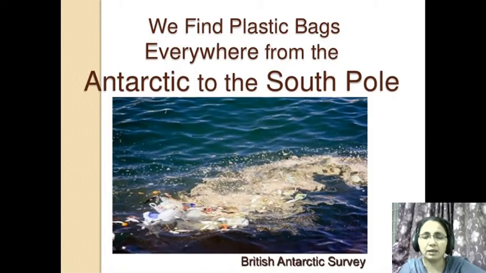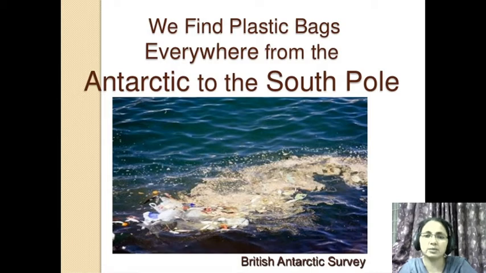It caused a major loss to human beings. So many deaths occurred, human beings died, and also animals, and it causes so much loss of biodiversity. So we find plastic bags everywhere, from the Arctic to the South Pole.